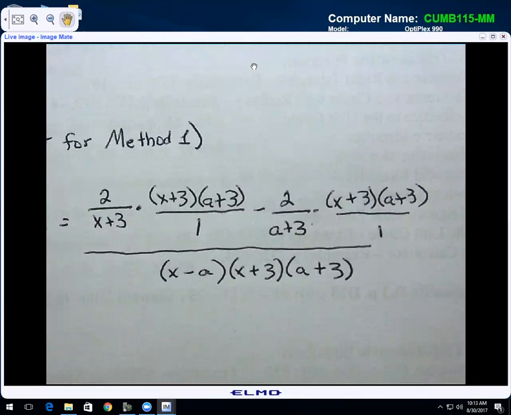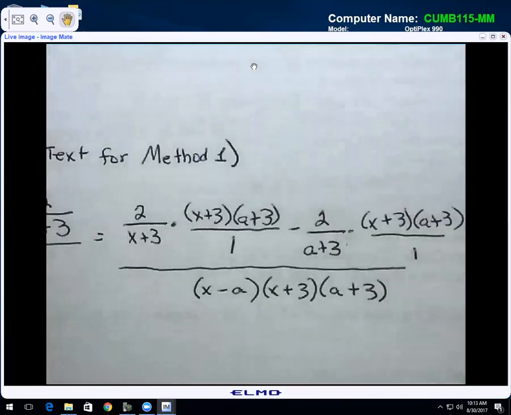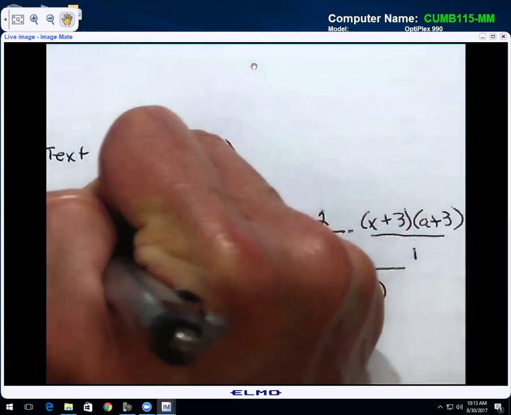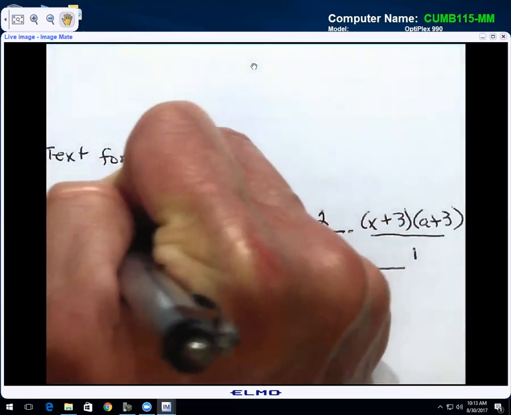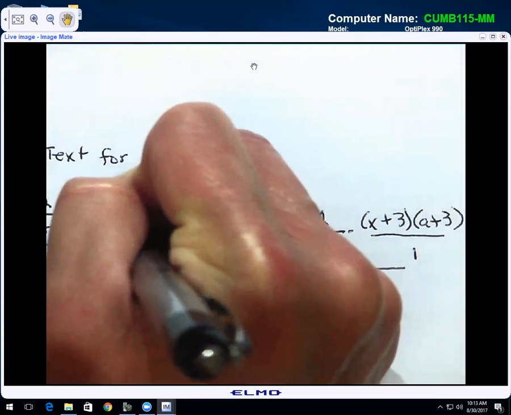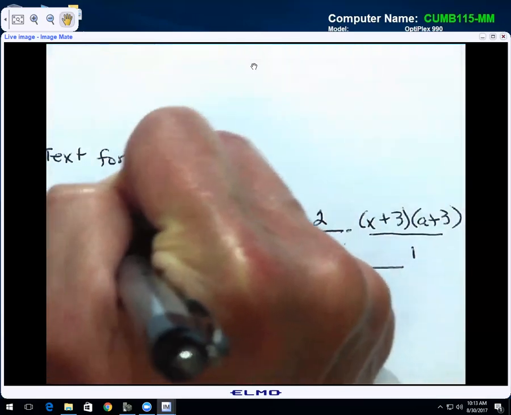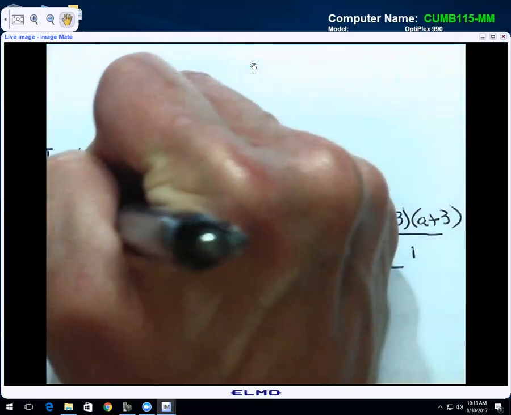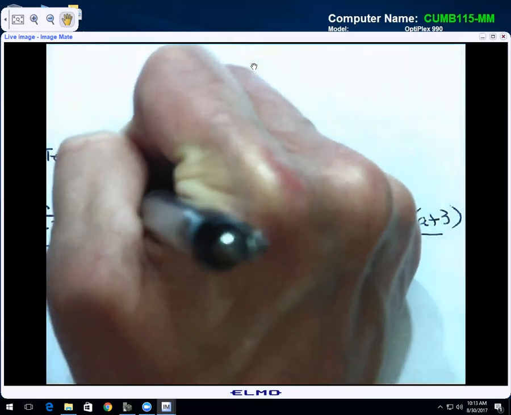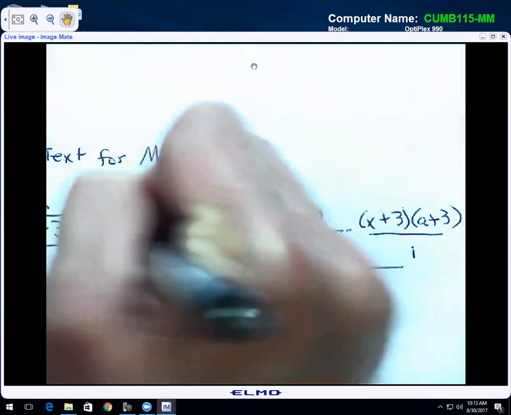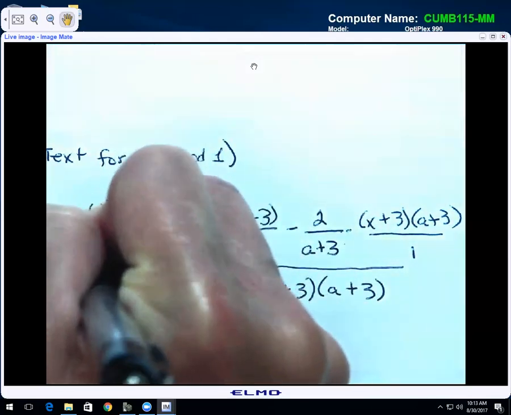I could put in a middle step there and help you see why they are the same. If I multiply this times x plus 3 times, yeah, this is gonna get ugly because I didn't leave myself room to write that step. I'll write it this way. Ugh.